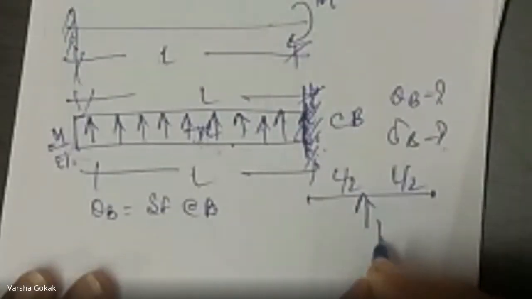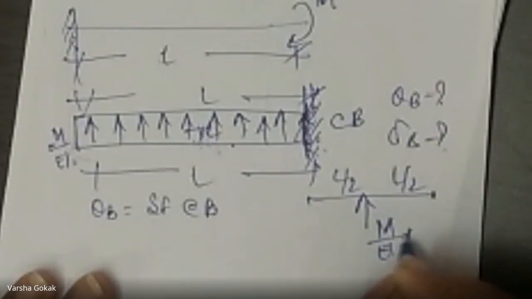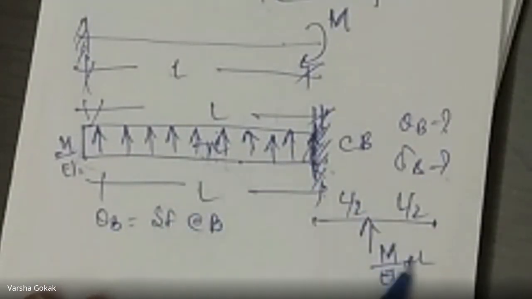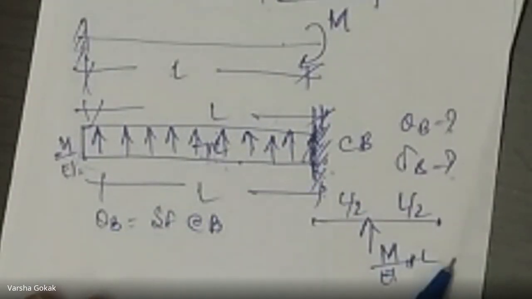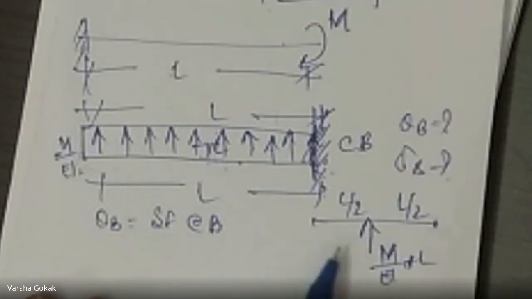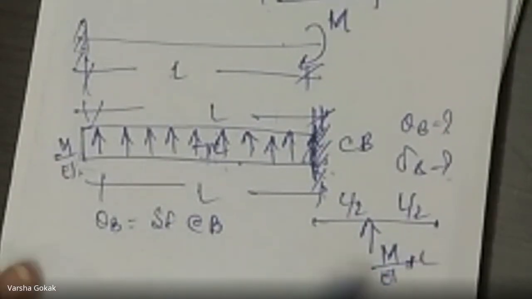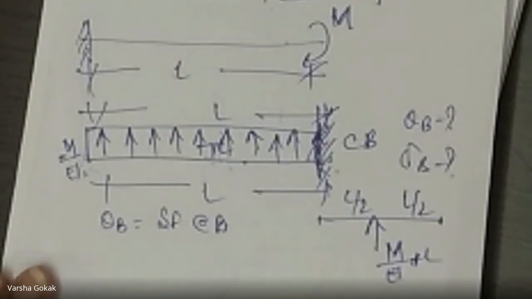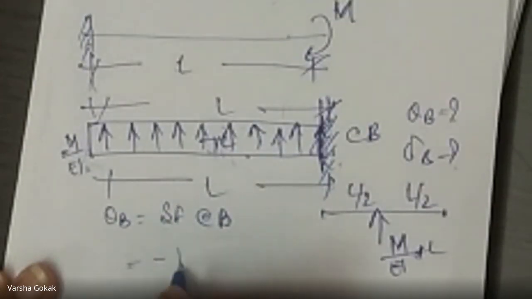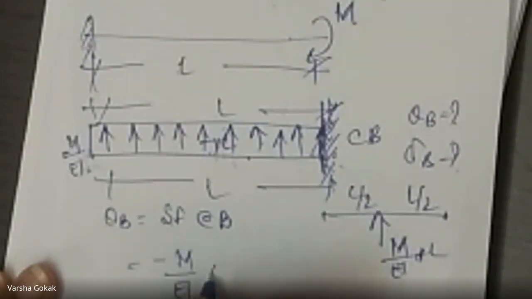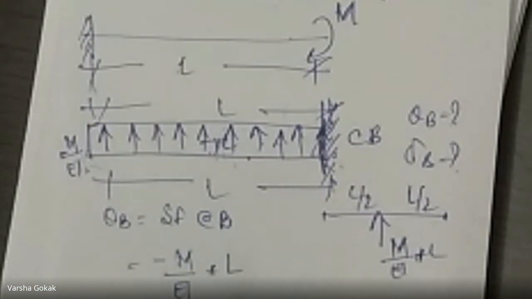Similarly, here M is the name for moment, but it is like your load. So M into L becomes the point load at the center. So when I'm finding the shear force at B, it is going to be minus M by EI into L.